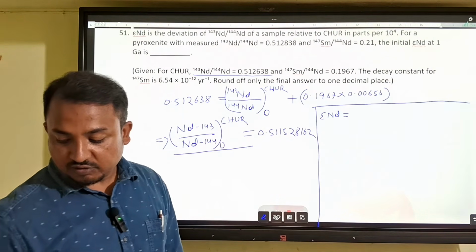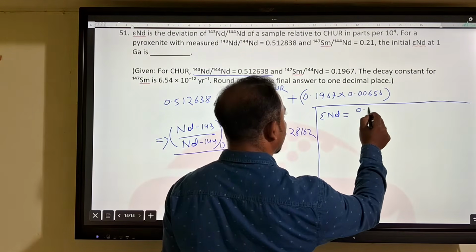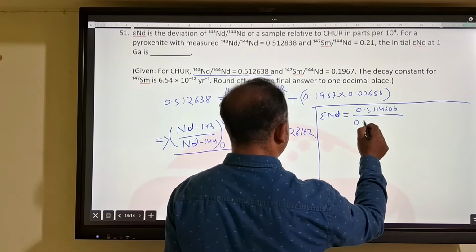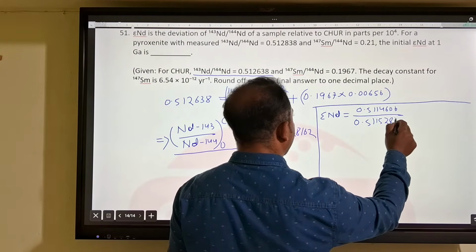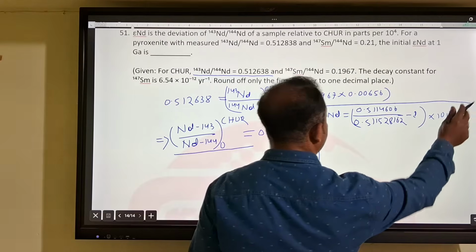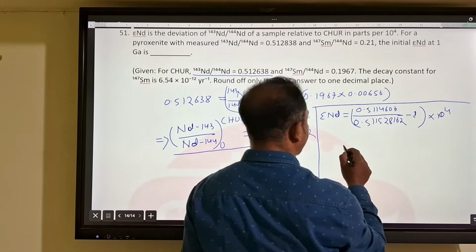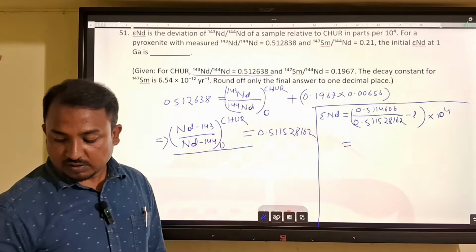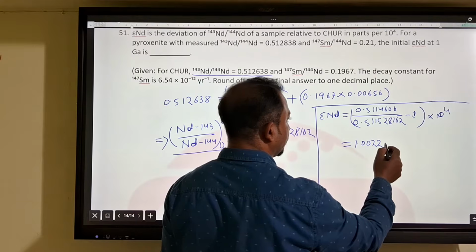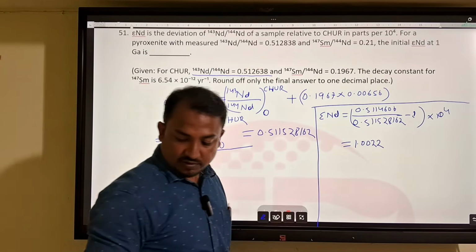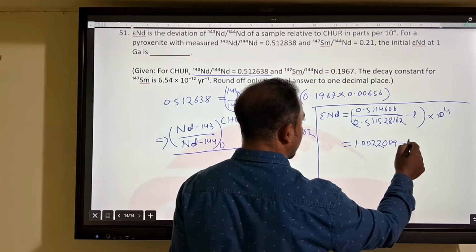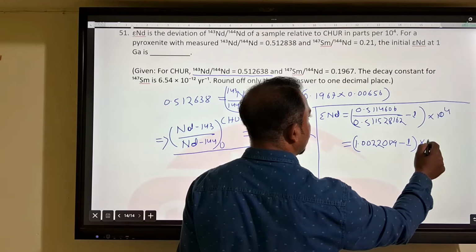The sample is 0.5114606 divided by the standard, 0.511528162, minus 1, into 10 to the power 4.